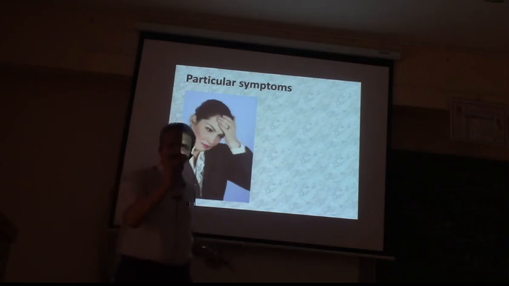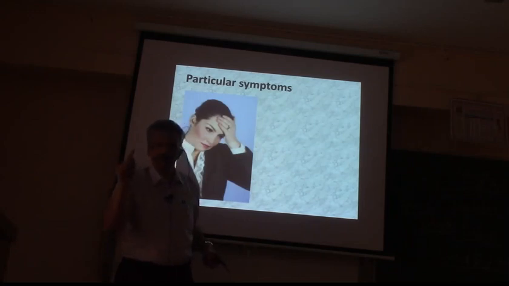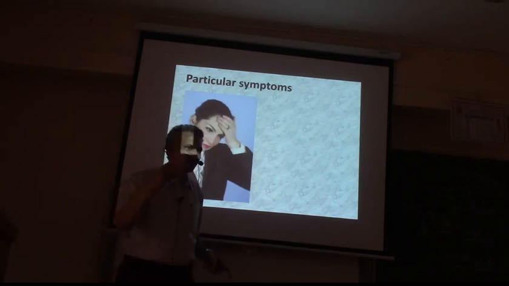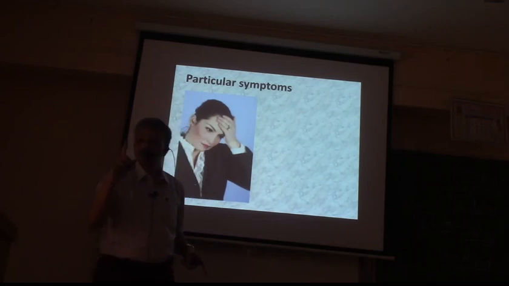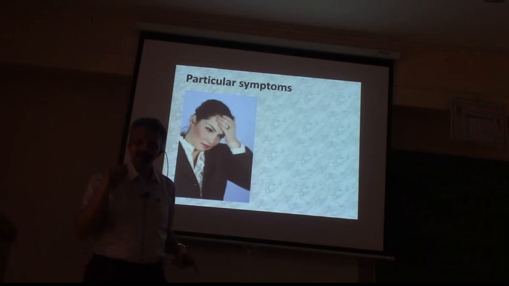And particular symptom is always denoted by the word my. General symptoms are always denoted by the word I, it's all told in first year. I feel hungry. I feel thirsty.